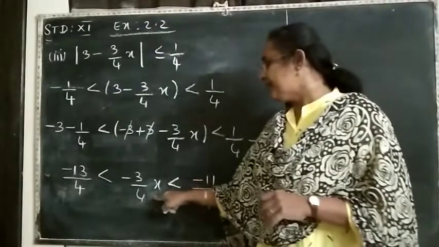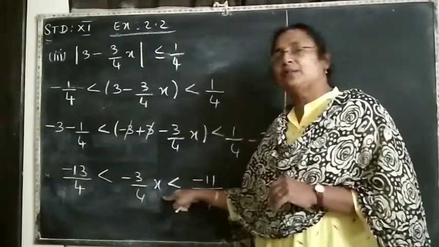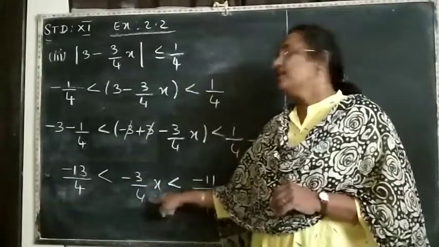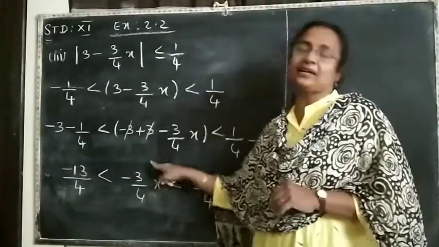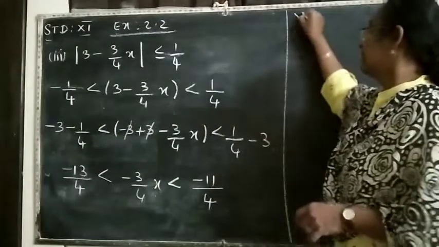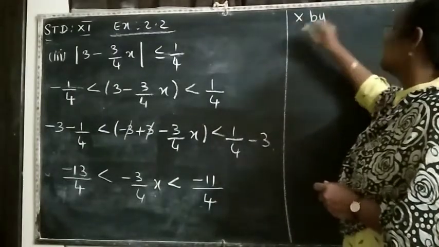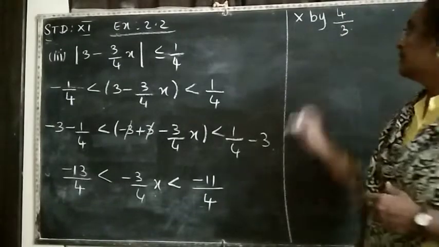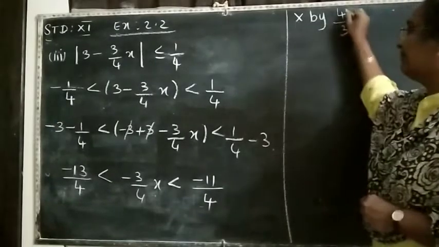Now look into this. I need the value of x alone, but I have what? Minus 3 by 4. Okay, so in order to eliminate minus 3 by 4, what should I do? I should multiply by 4 divided by 3. Is that right? Okay, so throughout let's multiply by 4 by 3.